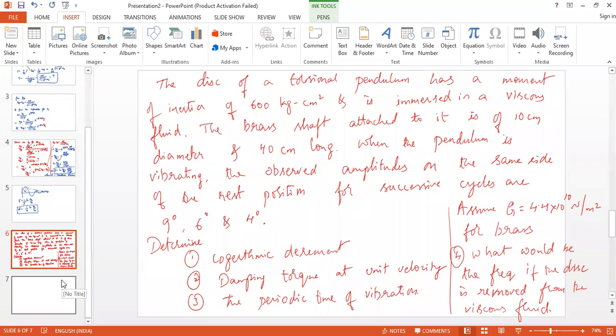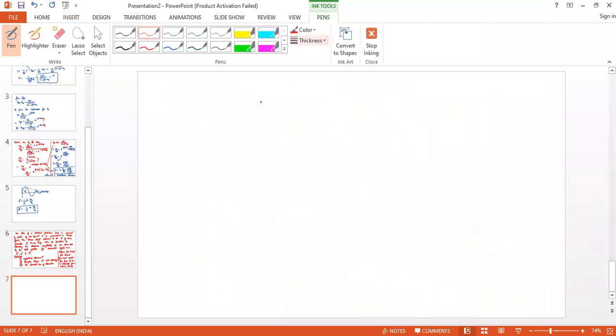So now here there is a disc of a torsional pendulum, so we can draw it like this.